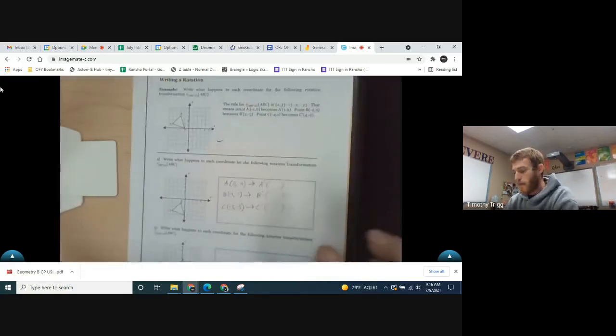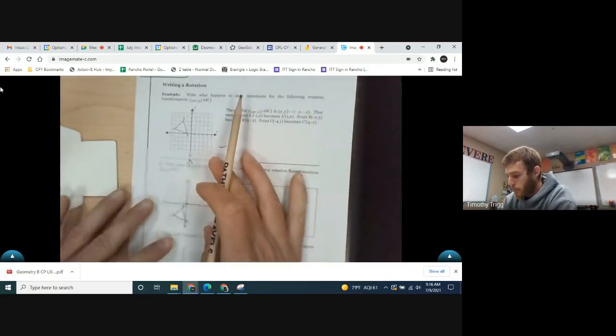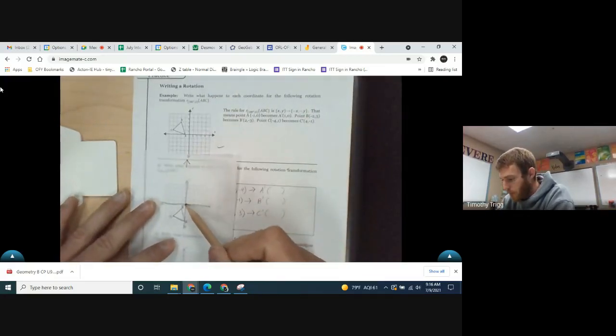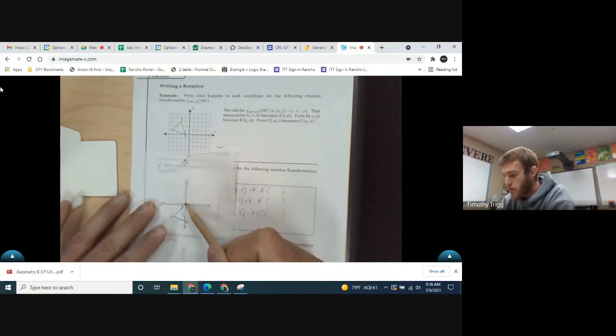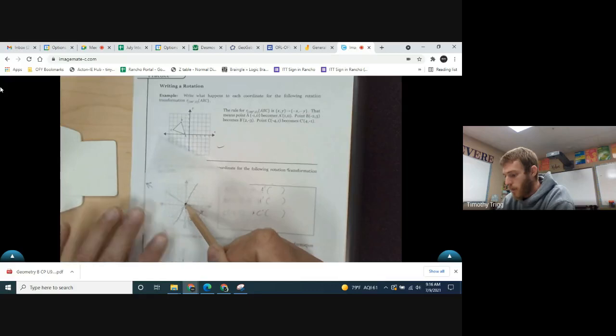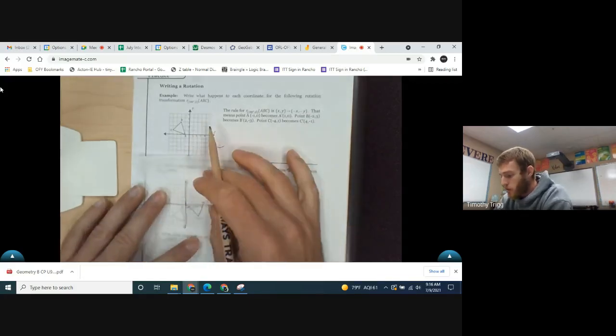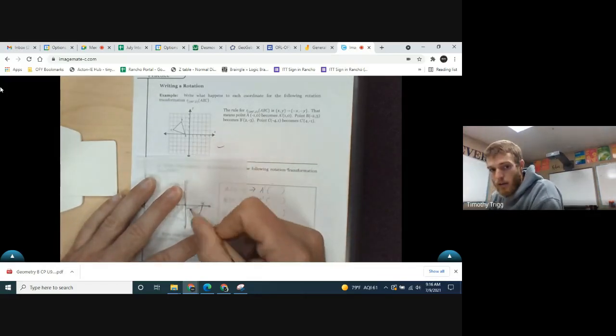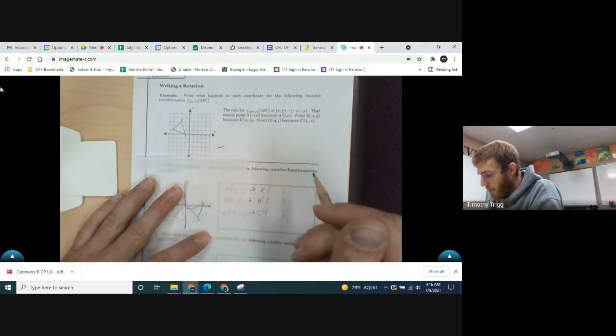It's hard to see, but that's okay. Maybe I should have large print when I'm using this document cam. So we want to rotate 90 degrees. When the axes line up again, I know I'm in the right spot. So now I can see that's where the image should end up, right?